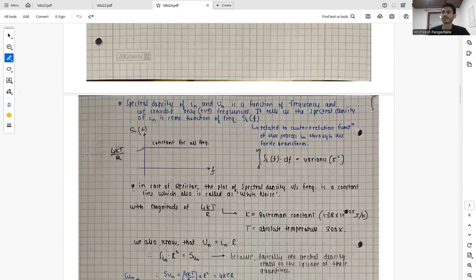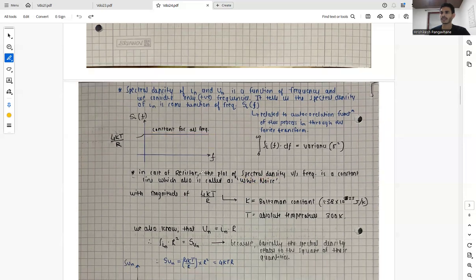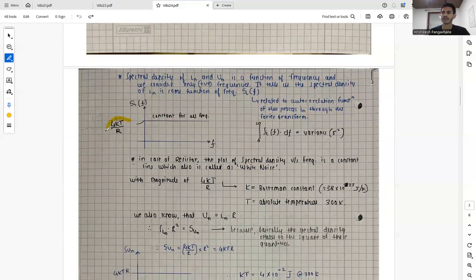Now when we plot the curve, we get a constant value of SI of F over all frequency range. In case of a resistor, the plot of spectral density versus frequency is a constant line, which is called white noise, and whose value is 4kT by R.